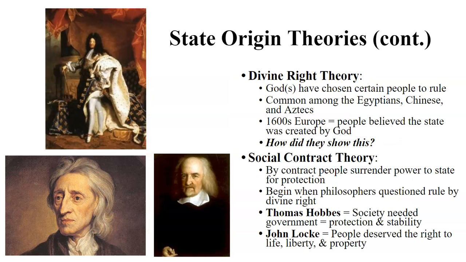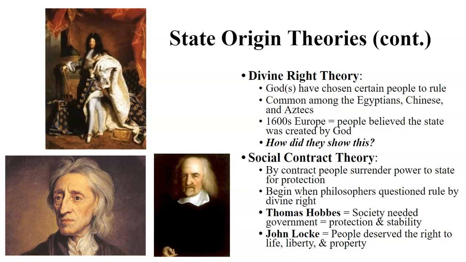All right. Last two theories here. We have the divine right theory. If you look here, this is King Louis the 14th, sorry, Louis the 14th, my bad. Louis the 14th is kind of the perfect example of the king that fits within this idea of the divine right theory in terms of 1600s Europe. If you guys remember back to the Enlightenment and Scientific Revolution unit that we talked about in world history class.